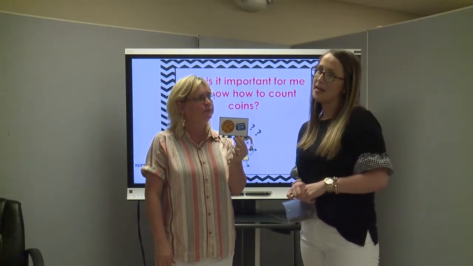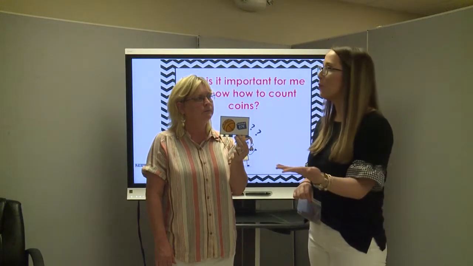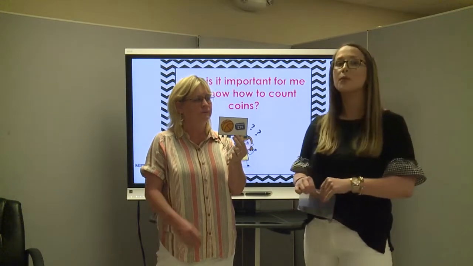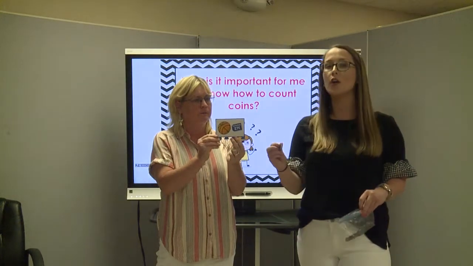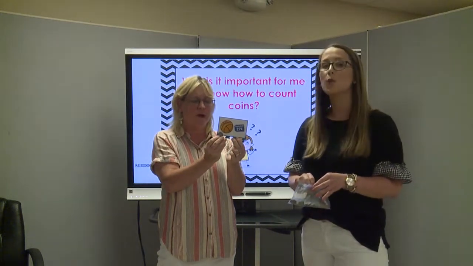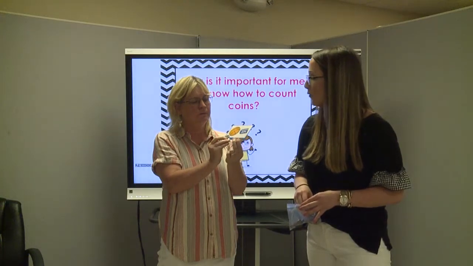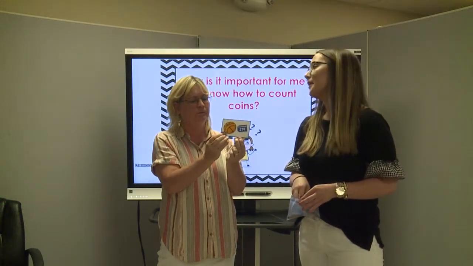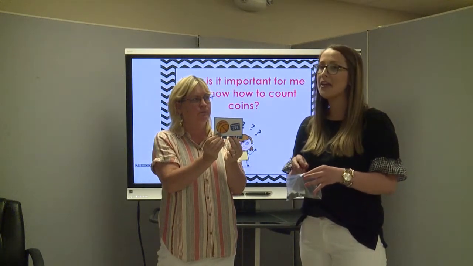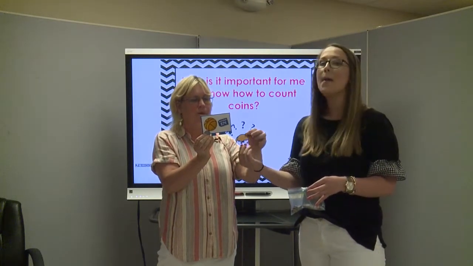Well, let's see. I know a dime's worth 10 cents, but we talked about that quarter that's worth more. So let's start with our quarter because, Miss Bloomer, if you remember, a quarter is worth 25 cents. All right. So 25 and 27 are pretty close together. So I think we need to use the smallest coin possible now, which is our penny.